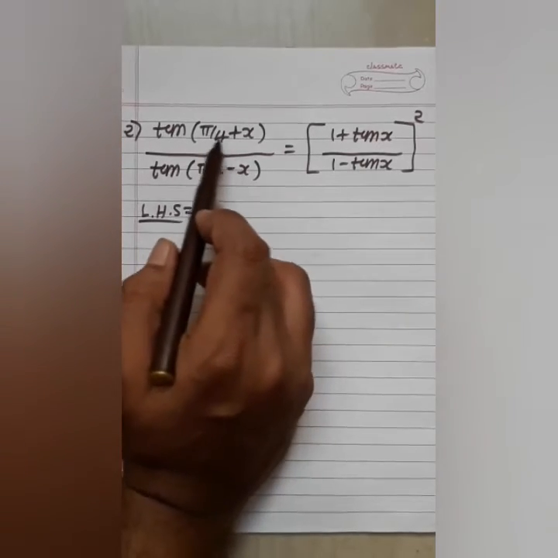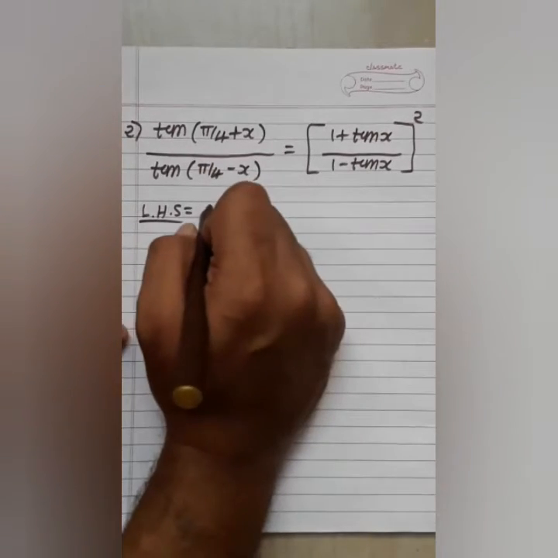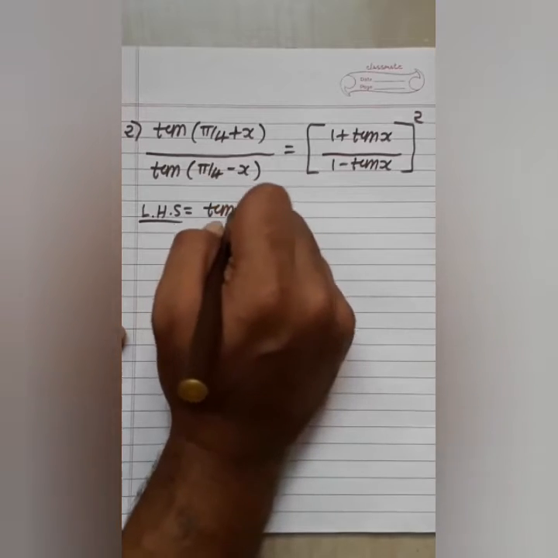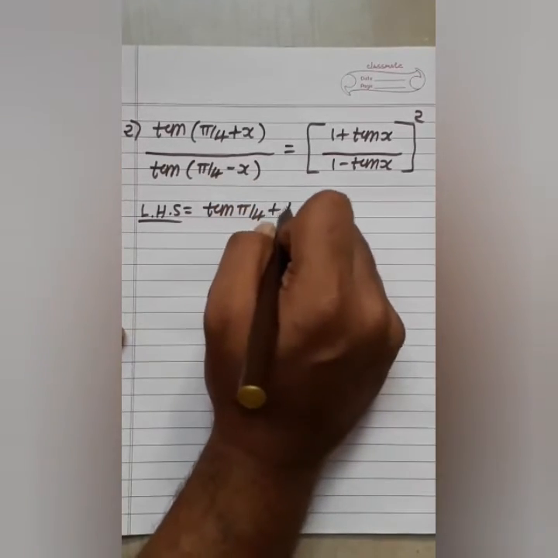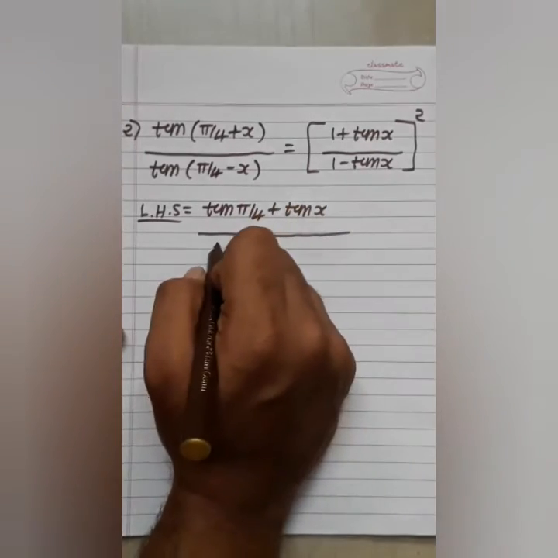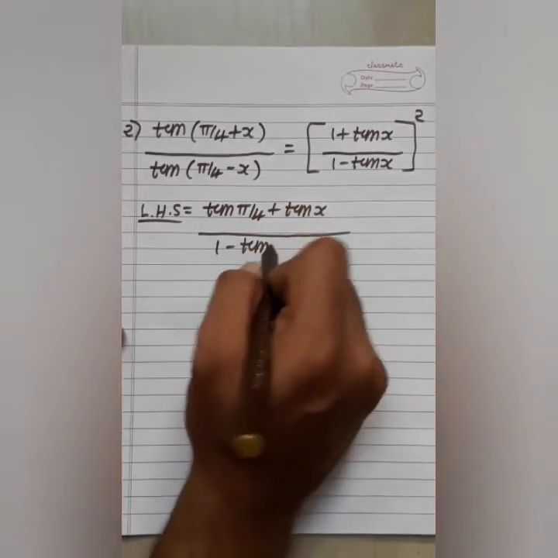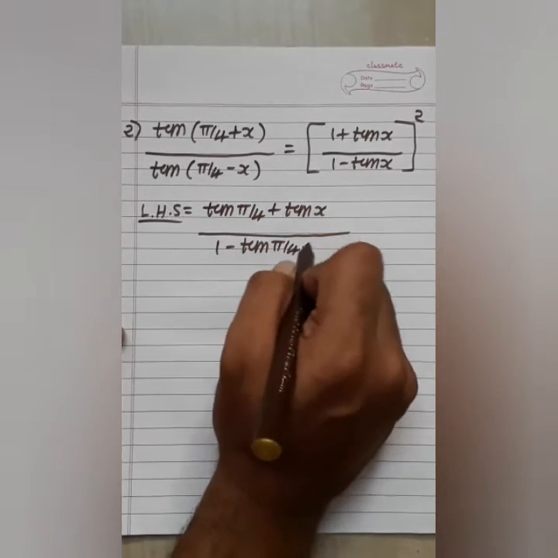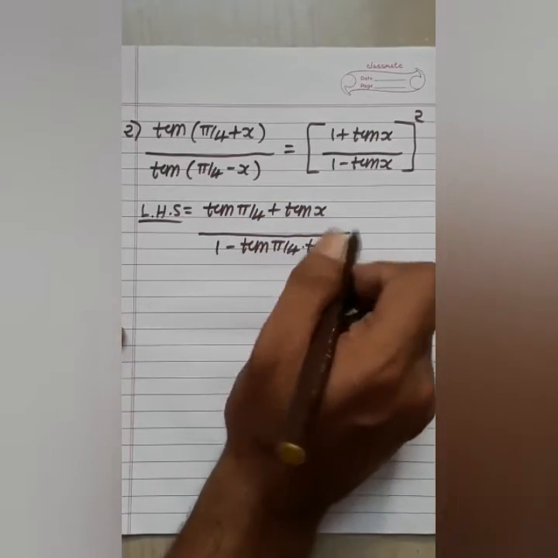So here apply the identity tan(A plus B): tan pi by 4 plus tan x upon, in the denominator term, 1 minus tan pi by 4 into tan x.